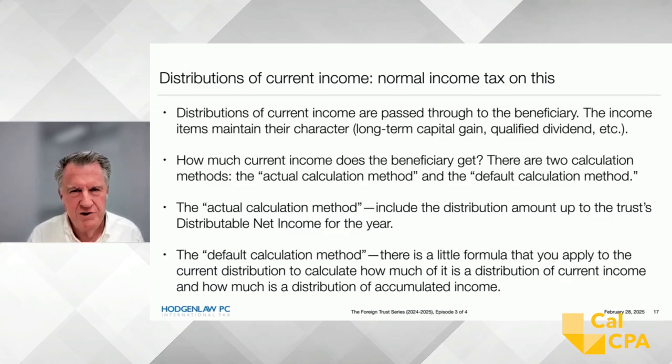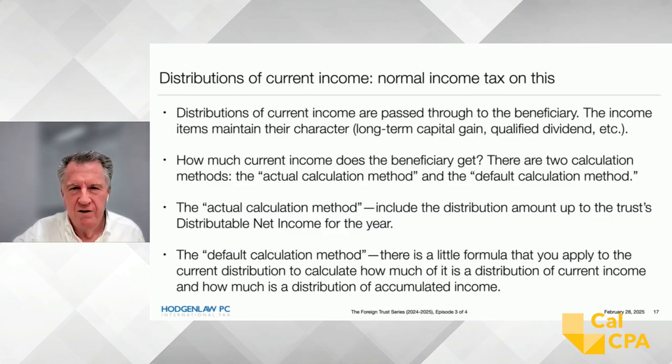You've got a distribution. What's the distribution to a shareholder going to look like? It's going to be from current E&P, it's going to be from accumulated E&P, or it's going to be a return of capital, and the tax consequences thereof flow. So it rhymes in the trust world.